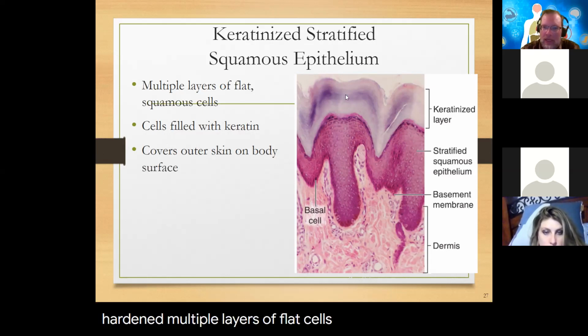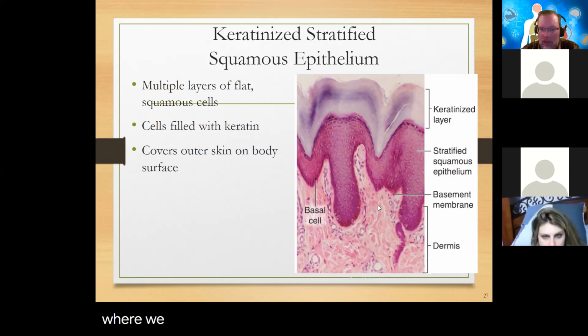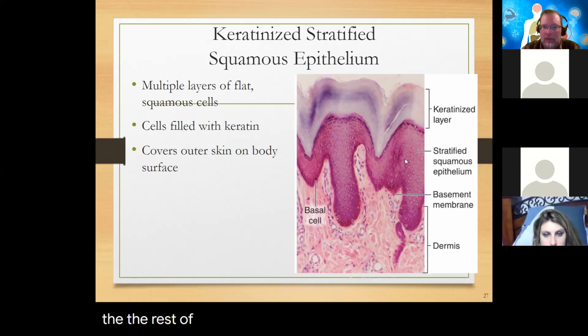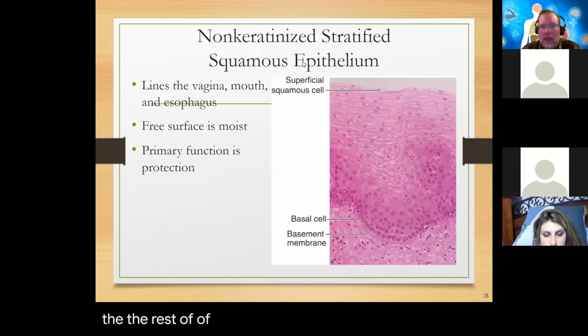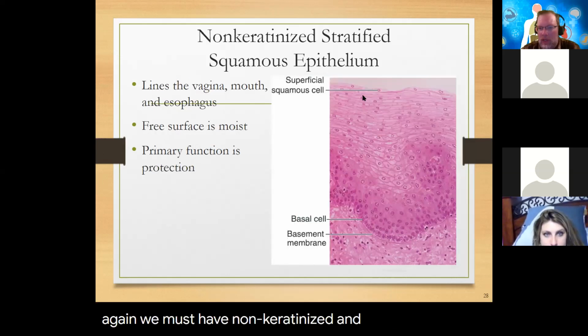The keratinized layer covers the outer skin of the body. And again, you can see the basement membrane, this darker spot here where we connect the dermis or the connective tissue with the rest of the epithelium.